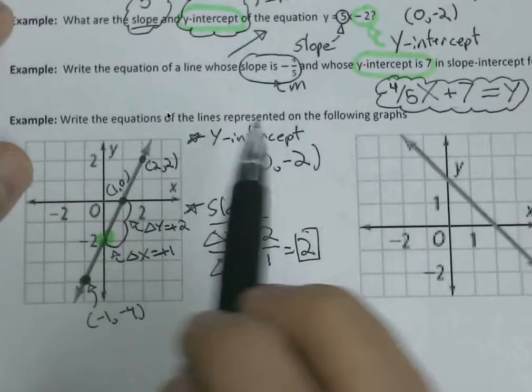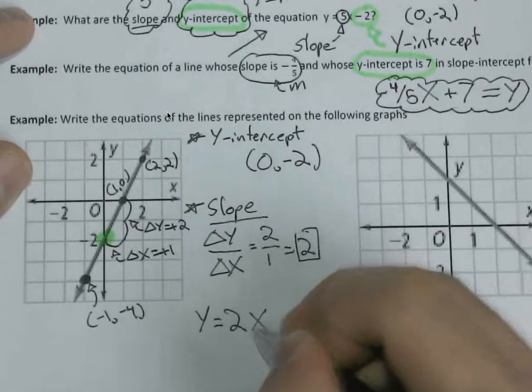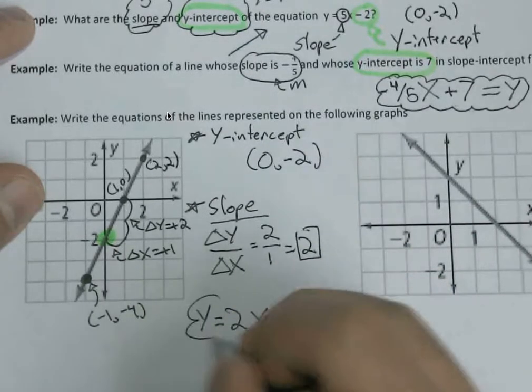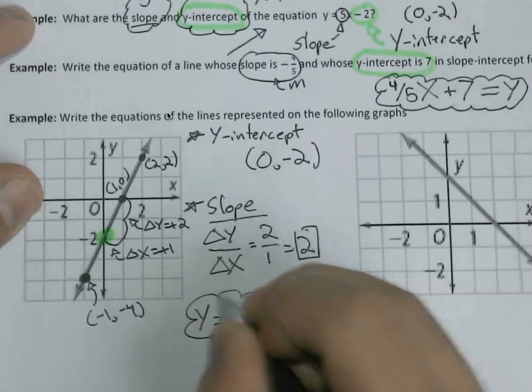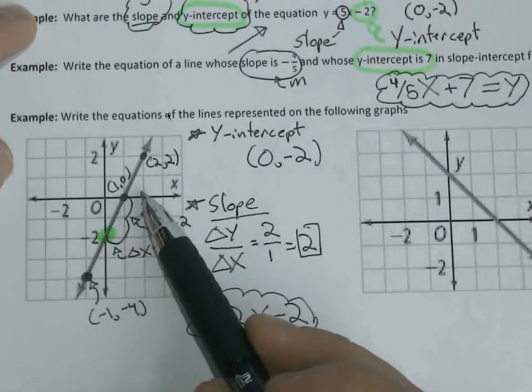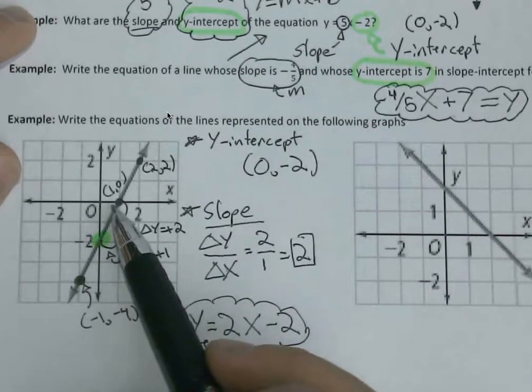And so keep in mind, we're still asked to write this as an equation. So we have y, we have our slope of 2, we have x, and then we're subtracting 2. So what's cool about this is that we have a few points that we've mapped out here. If we're not convinced that they're going to work or that this equation's right, we can always plug in some of these points and check.